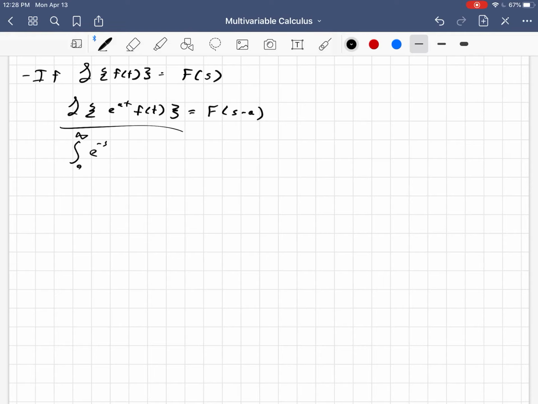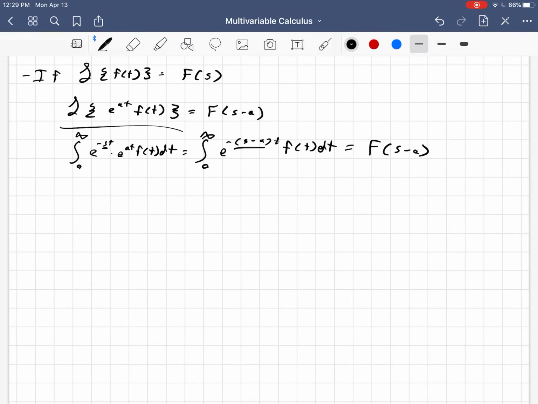And this is really, really easy to prove because this is an integral. It's the integral from 0 to infinity of e to the negative st times e to the at f of t dt, which is the integral from 0 to infinity of e to the negative (s minus a) t times f of t dt, and that right there is exactly F of s minus a.